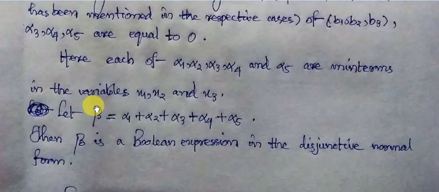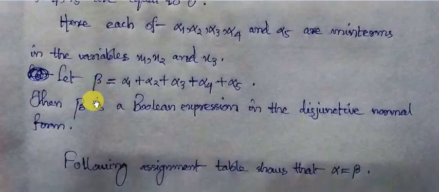Now we shall have to check whether this beta is equal to the original Boolean expression alpha or not. To check that, we have to consider the assignment table for alpha and beta, and check whether for each and every assignment the corresponding values of alpha and beta are equal or not.